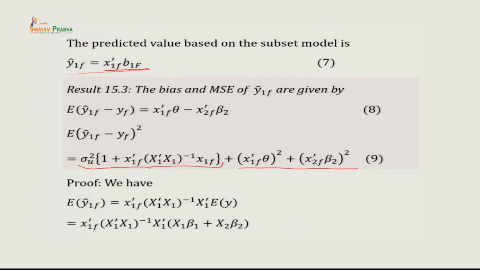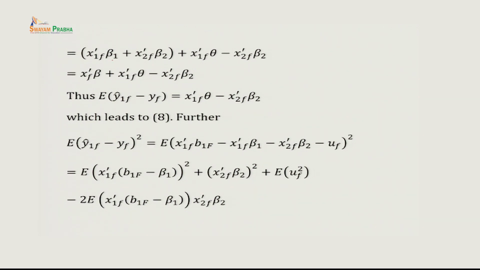So, we get this expression for the expectation of y hat 1f, and then the first part is x1f transpose (x1 transpose x1) inverse x1 transpose x1. So, you get x1f transpose beta1 here, and suppose we add x2f transpose beta2 also here, and then we subtract x2f transpose beta2.